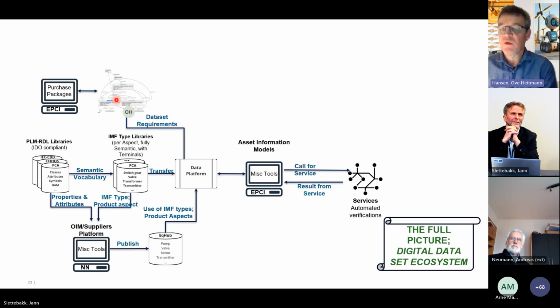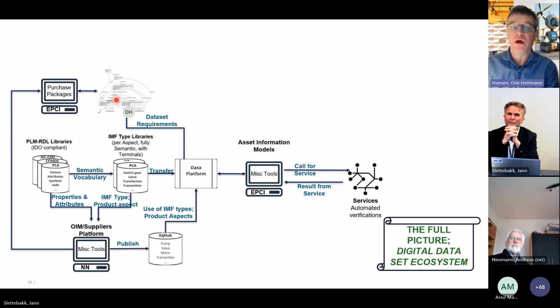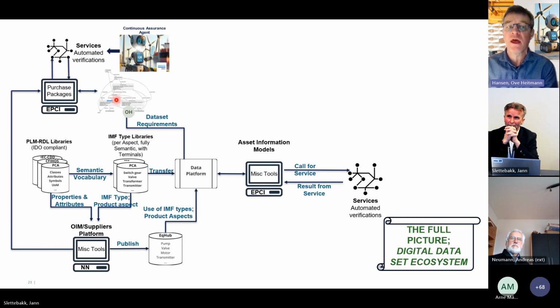That means that we create a digital data set of requirements when we put together a purchase package. Hence we can request quotations from those suppliers that have that kind of equipment, and they will put in place their offering based on the IMF framework, meaning that we can automate and verify whether the equipment fulfills our requirements when it comes to the functional aspect and also the plant as such for the equipment.